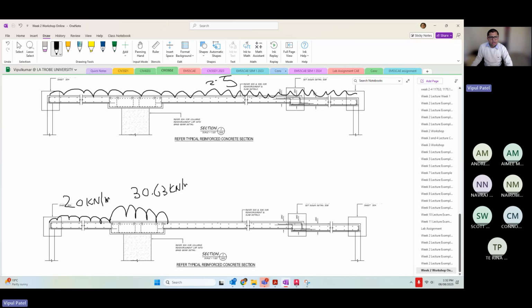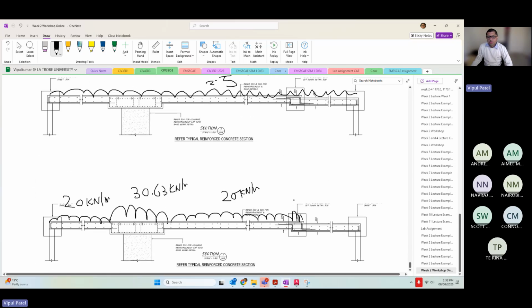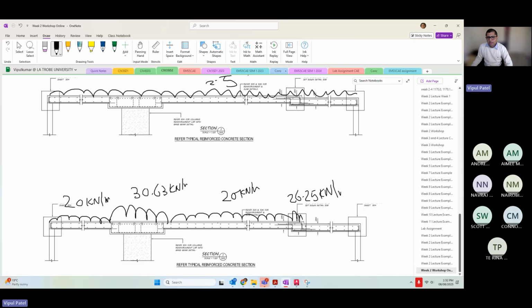This again goes back to 280, so it's 20 kilonewton per meter. And this tiny bit has 23.75 plus 2.5, you get 26.25 kilonewton per meter. And then finally you have these 20 kilonewton per meter. I hope you understand that.